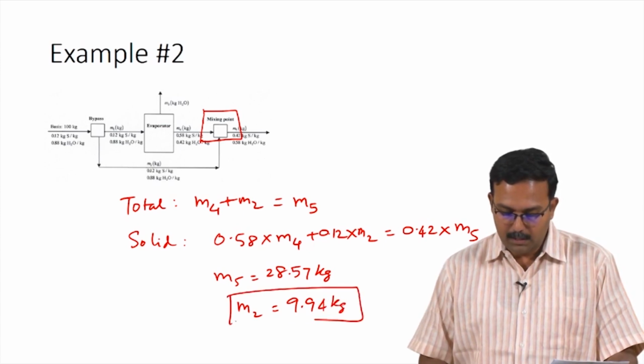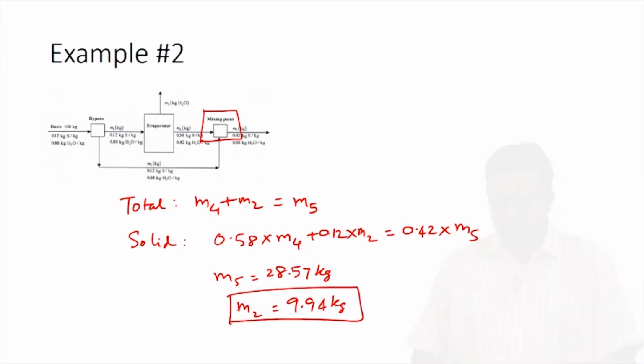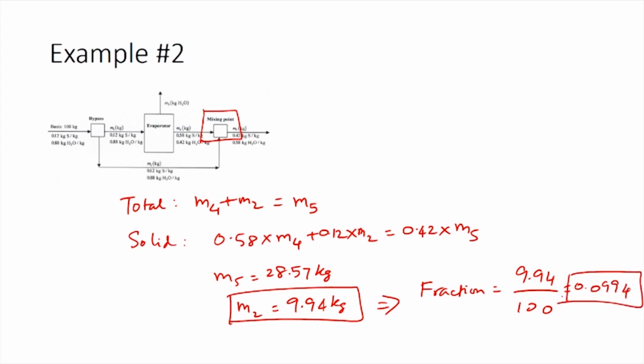So, this is the mass of the bypass stream. This implies the fraction which is bypassed would be 9.94 divided by 100, which is 0.0994. So, the fraction of the stream which would be bypassed would be 0.0994 kilograms per kilogram.